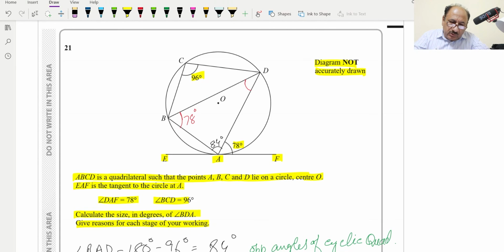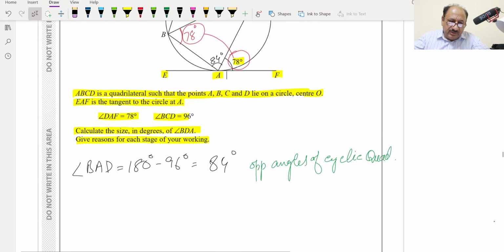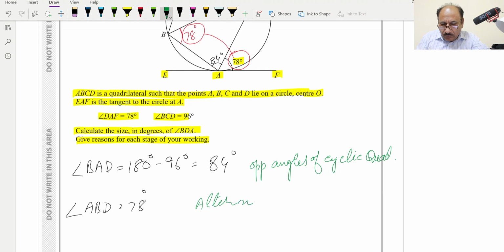Okay, so this is 78 degrees. Why is it 78? Because this is 78. So by the alternate segment theorem, we will write angle ABD is equal to 78 degrees, and the reason for this one will be written over here: alternate segment theorem. This is the reason for this one.